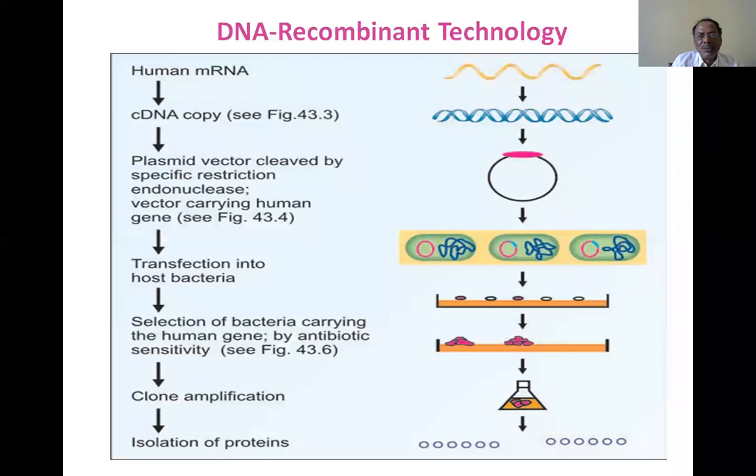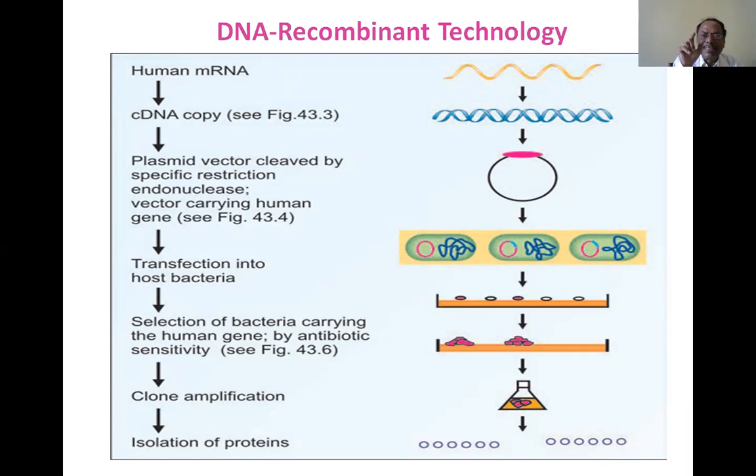Well, to enter into recombinant DNA technology, the first invention is the invention of endonucleases. The bacteria have certain nucleases which can cut the DNA.